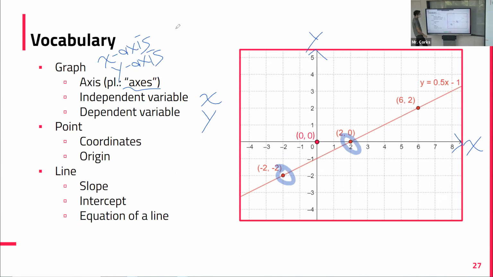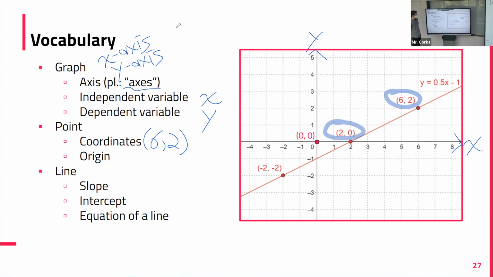Okay, points. A point is a point. That's not very hard, but the coordinates are these number pairs here. So all of these are coordinates, like 6, 2. A coordinate because it is a pair there. So just the numbers that tell us the locations. So this point here, 6, 2.